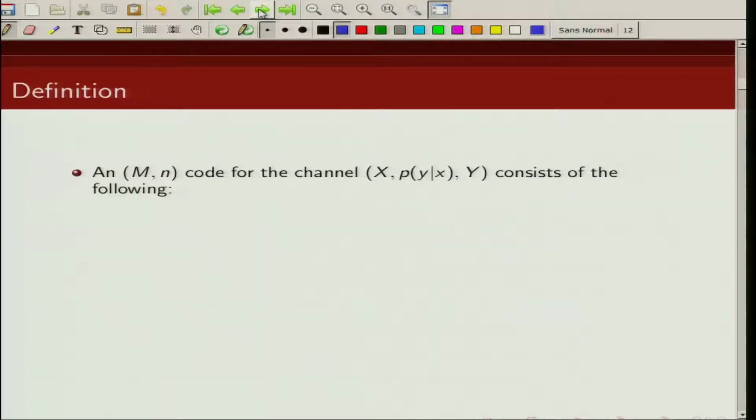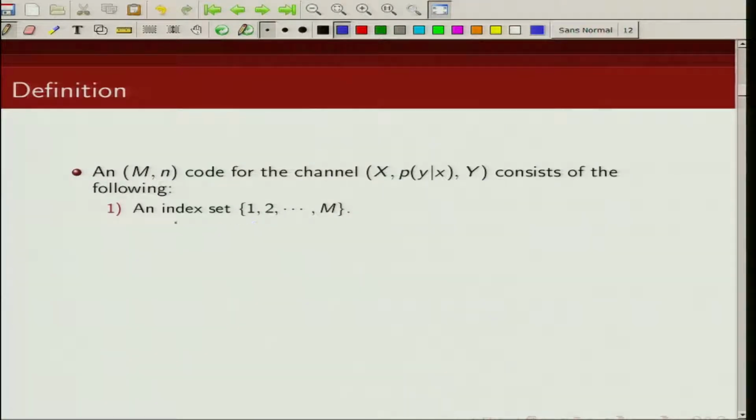I will first define a few terms before I go into the noisy channel coding theorem. So, we define a code by these parameters m and n. I will explain these terms in a little while, and a discrete memoryless channel is described by this input x, output y, and channel transition probabilities which are given by probability of y given x.